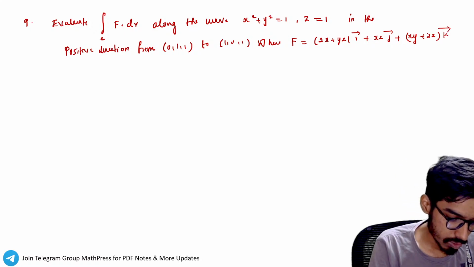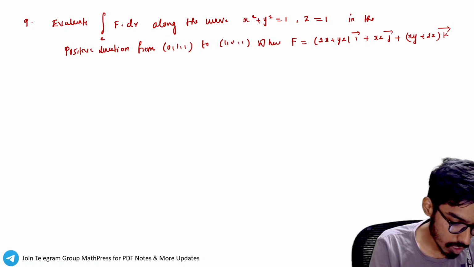Right? So we need to evaluate this from 0 comma 1 comma 1 to 1 comma 0 comma 1, right?